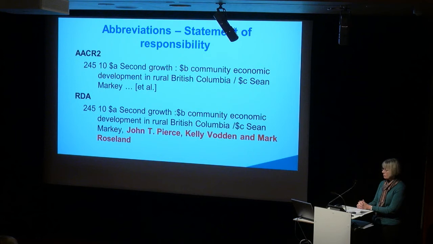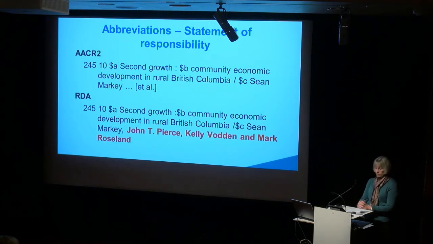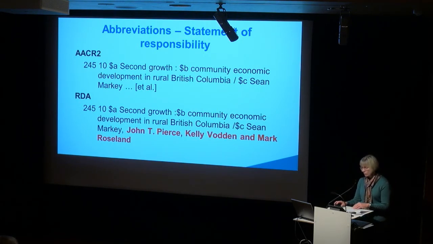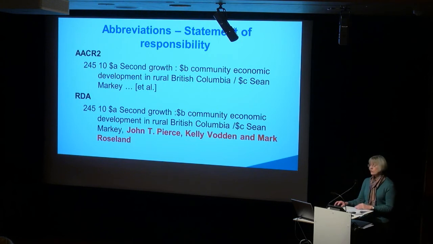And you have an option of giving access points to all the authors, or there is an option where you can only do one if you want to. But also the first named author becomes the 100 tag rather than the 700, rather than defaulting to the 700. So we'll talk a tiny bit more about the rule of 3 shortly. But in the statement of responsibility, you put it out in full. Whatever information is there, you put down.